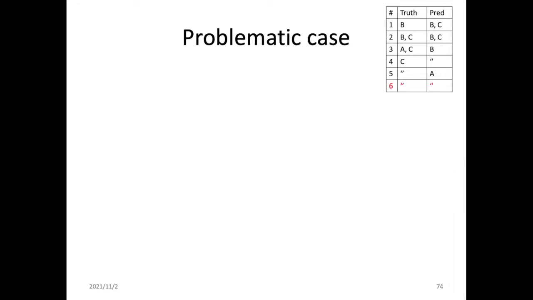Now let's think about an interesting case. What if we add one more sample, and the truth is empty, and we predict it as empty? This should be a correct guess, right? Conceptually, this should be correct.